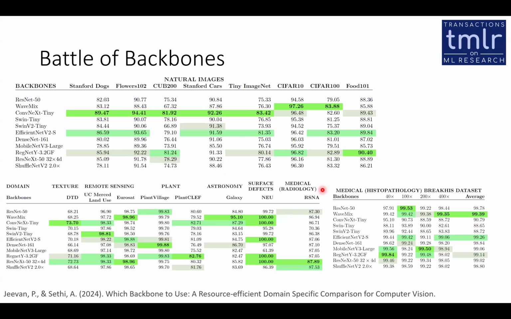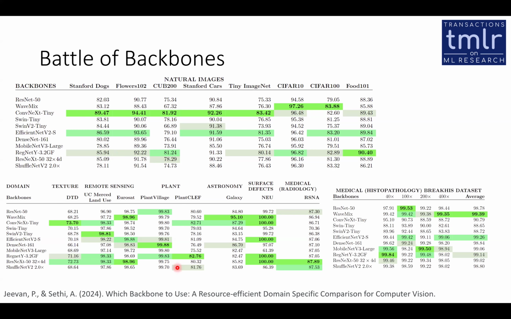So these are the results for natural images. These are for the other domains. This is for medical, and we see that certain architectures stand out. The brightest green is the best, and the less bright greens are the second and third best. What we see is that certain architectures, for example ConvNeXt Tiny, EfficientNet V2, and RegNet, perform reasonably well across all domains.